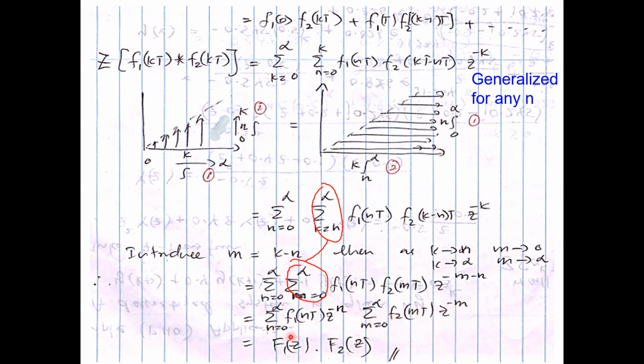We can clearly identify them as two separate z-transforms: this is F1(z), this is F2(z). So that's the proof. When you have the convolution sum, the z-transform is actually the product of the two z-transforms of the two functions which are convolving each other.